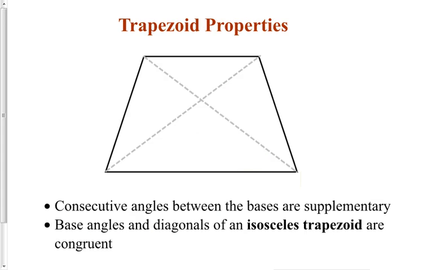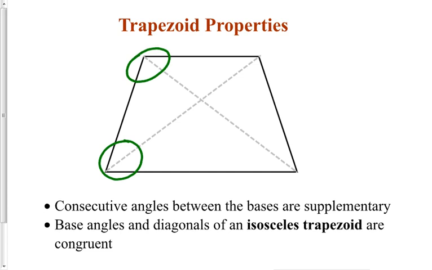So next, let's look at a couple more properties of a trapezoid. So the first bullet you see, it says consecutive angles between the bases are supplementary. Now, consecutive angles mean they're going to be the angles next to each other, right? And between the bases means that we're talking about this angle and this angle.